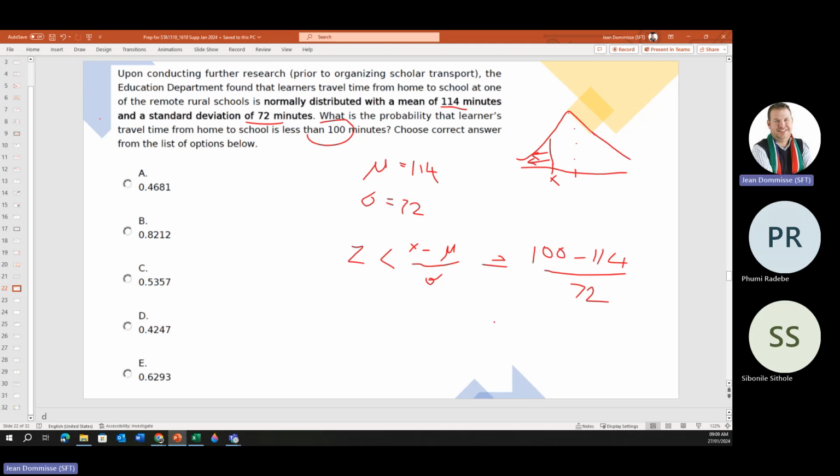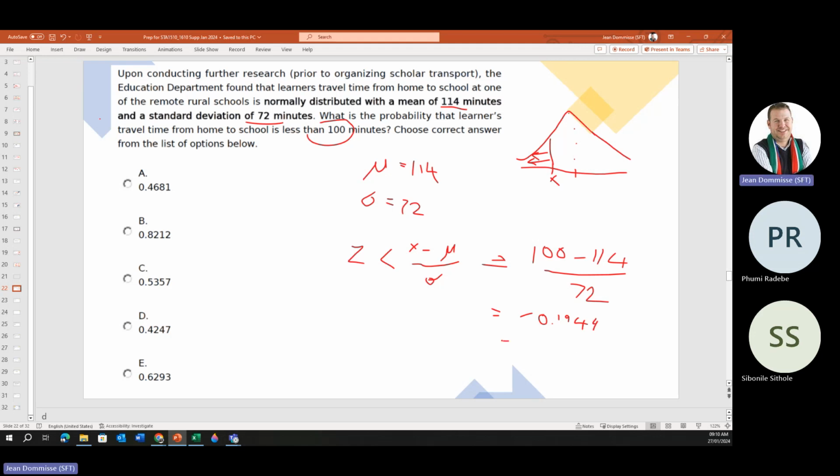Okay, so let's quickly check. 100 minus 114, divided by 72. I get minus 0.1944.